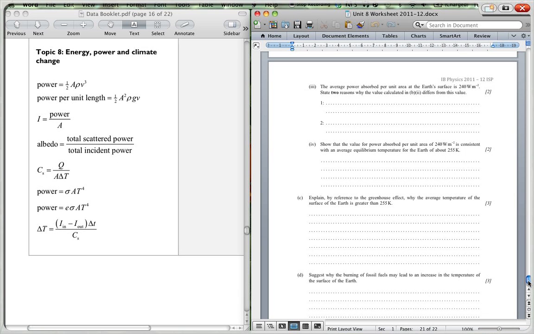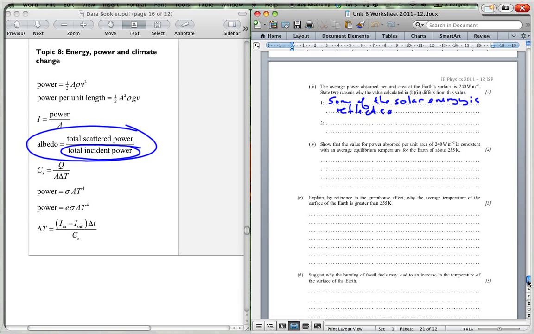We have a certain amount reflected. So some of the solar energy is reflected, and that's due to our albedo. So there's a total, this would be your total incident power, that would be your 1400, but some of it is being reflected.